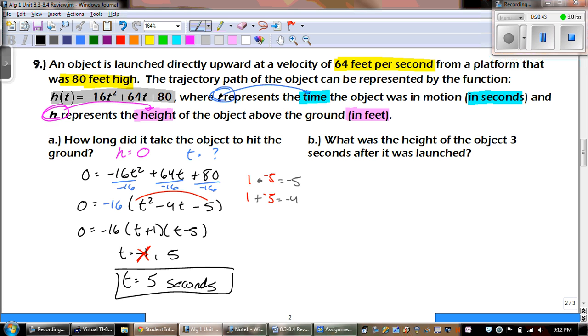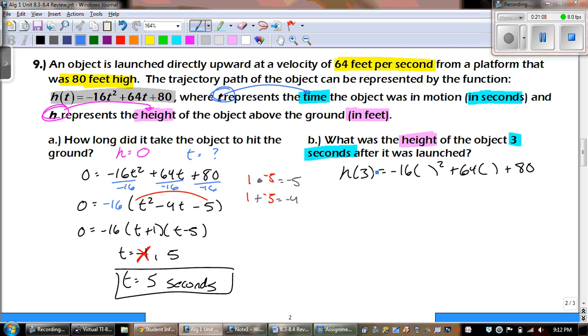Okay, for B, what was the height? They're asking what's the height after 3 seconds? Well, for this one, we're going to plug in 3 into our equation. So the negative 16 t squared plus 64 t plus 80.